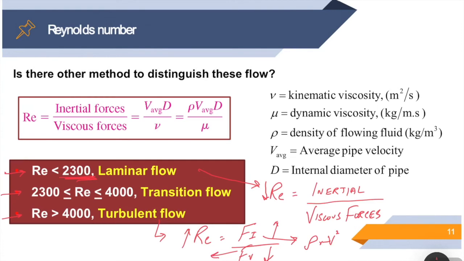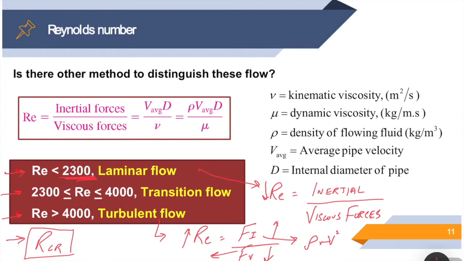Now the critical point is that the Reynolds number at which the flow becomes turbulent is called the critical Reynolds number, Re critical. This is very important. Once again, the Reynolds number at which the flow becomes turbulent is called the critical Reynolds number.